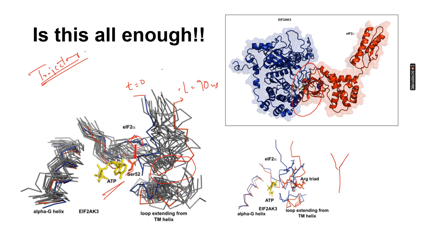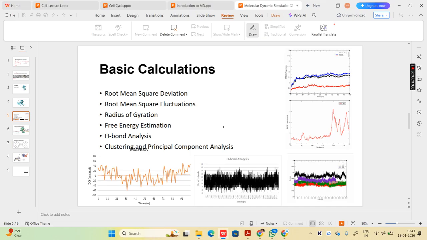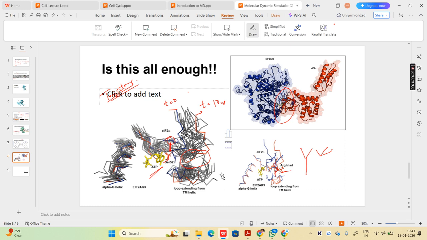One arginine is this blue one, facing downside, but slowly later it also moved up. You can see it moving in a straight line. It was down and it moved up, so it is also going away from the interactions. These are the things we need to observe and report in our publications.